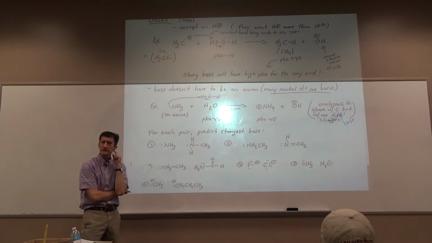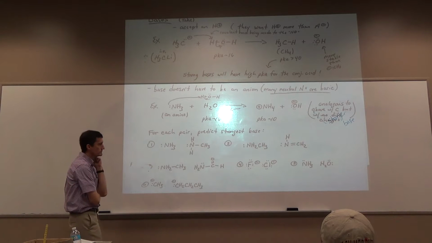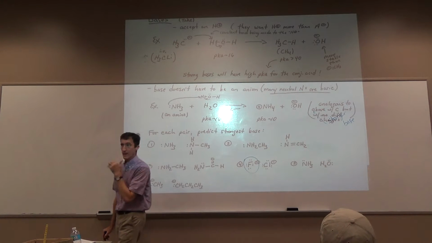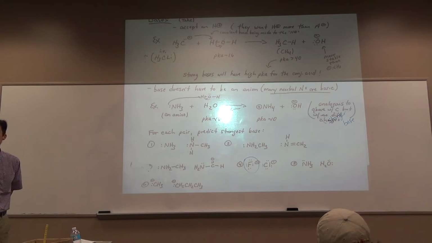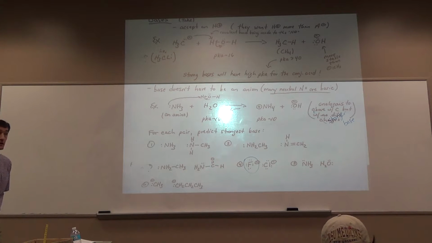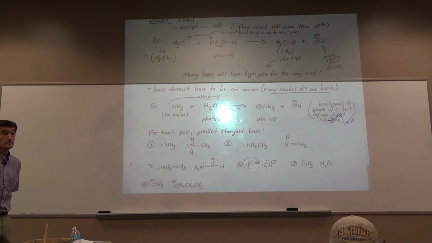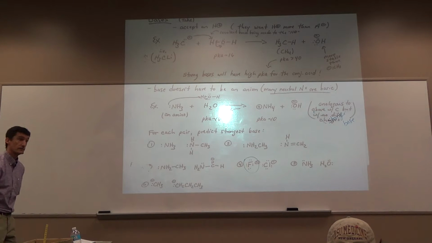Which one's more basic? F minus or Cl minus? Cl. F minus, more basic. Why? That's that size effect. Which one's more stable? Cl minus is more stable, because it's larger. Since it's more stable, that means it's happy being minus. F is not as happy being minus, even though it's the most electronegative atom on the periodic table.